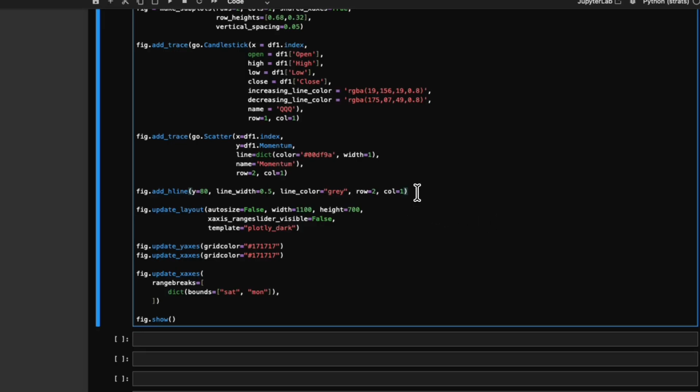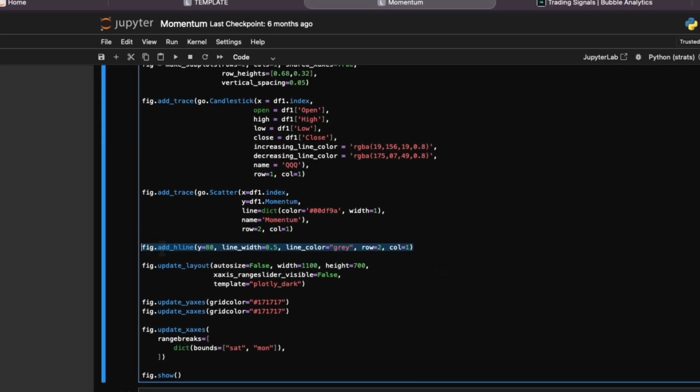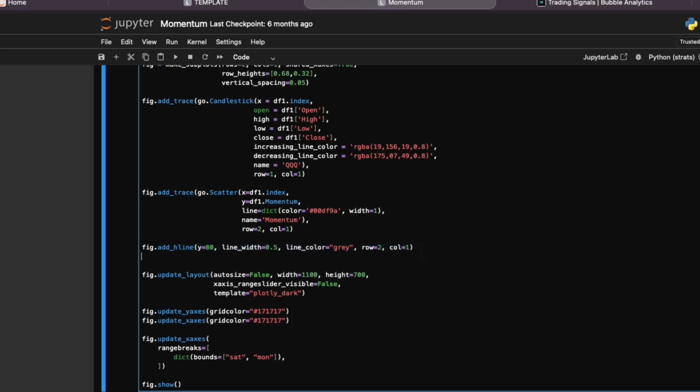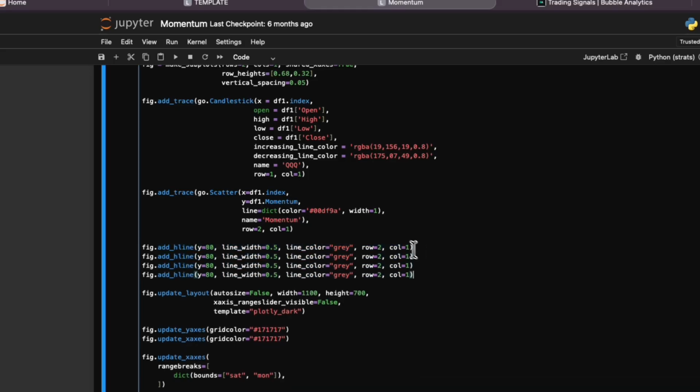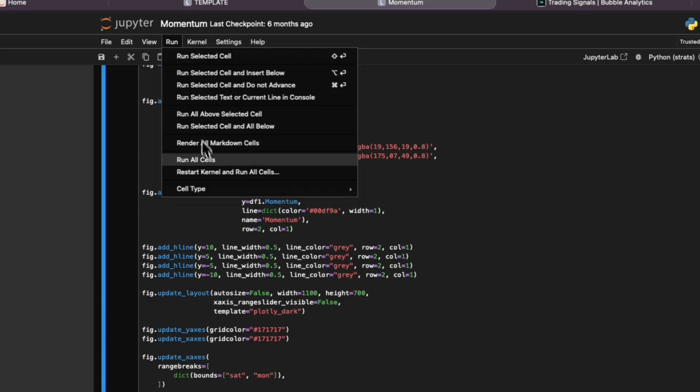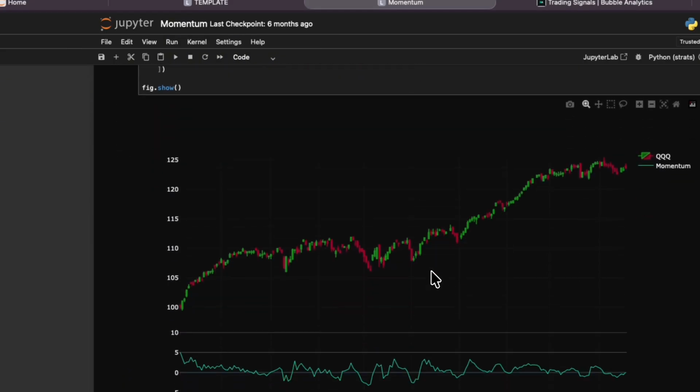So let me just copy that a few times because we're going to add a few onto our chart. Okay, and then I'm going to have these 10, 5, -5 and -10, right?